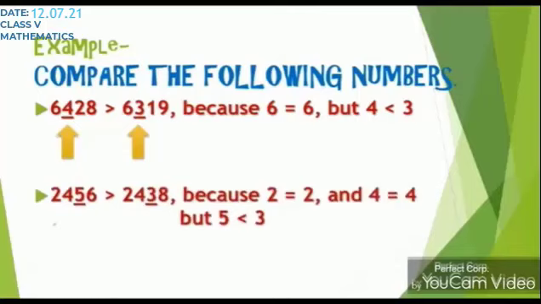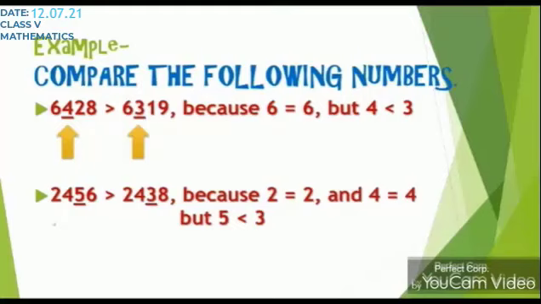Moving towards another example, which is 2456 and 2438. Here we can see that both of these numbers again have the same number of digits, and both have 2 as their extreme left digit.